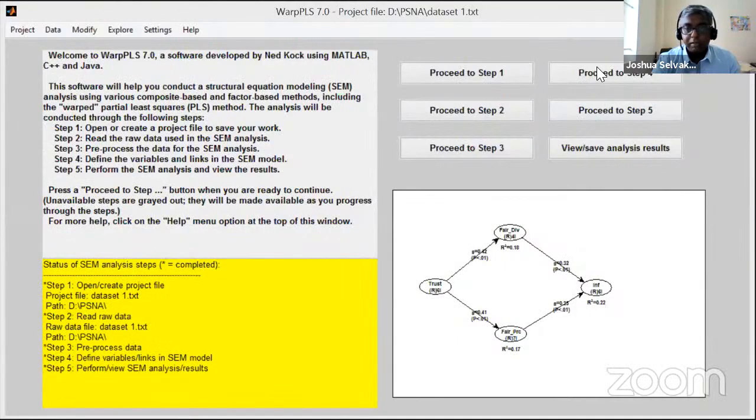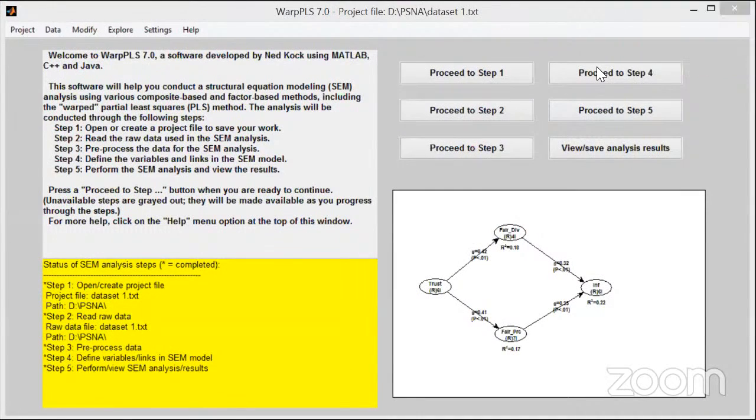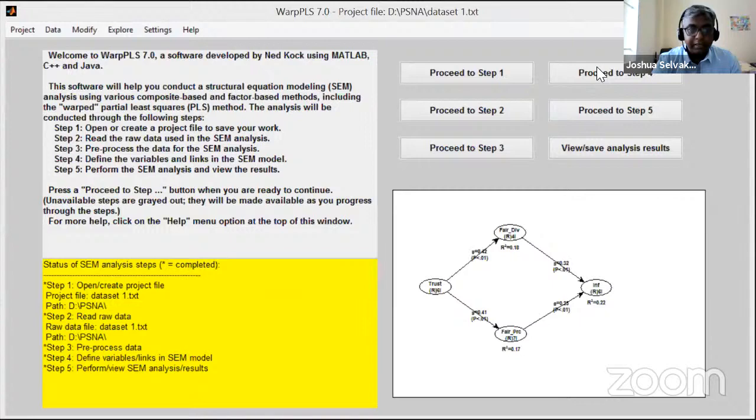We already have this. Can you see this? Yes, sir. Okay. I am going to delete this link, this link also, and this link. I'm going to bring trust here.